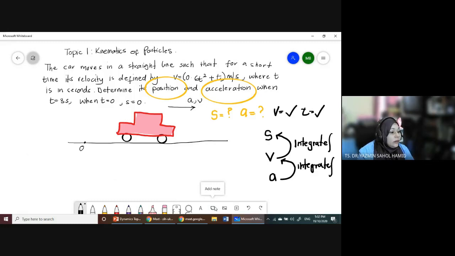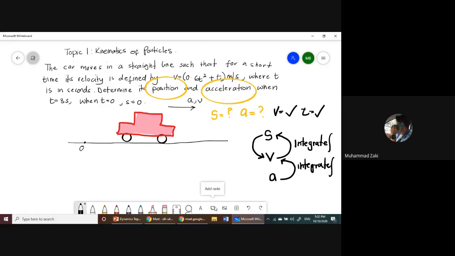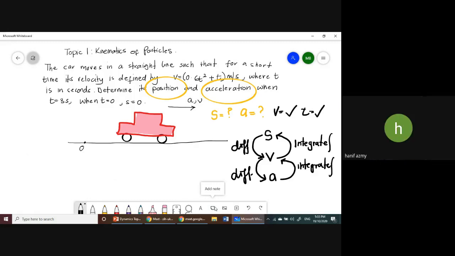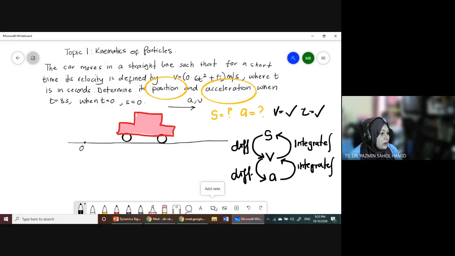But if we have the velocity and we want the acceleration, what do we need to do? Differentiate. Yes, differentiate. So now we have the velocity, but we want to find the position. What do we need to do? Integrate. Yes. Okay.